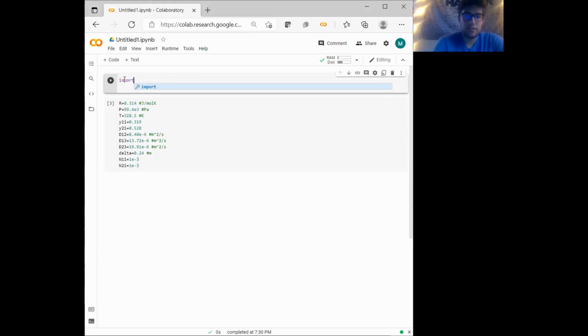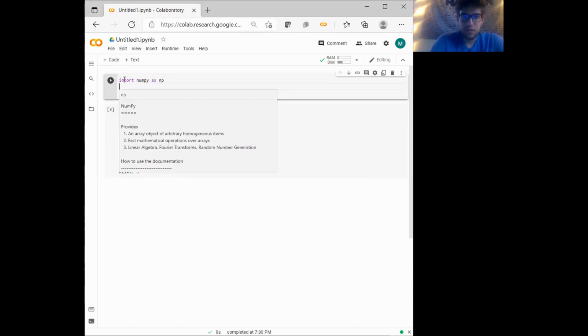First of all, we're going to import NumPy, which is numerical Python, as NP. That is something we need because it has all these root solvers, optimization tools, and integration tools.